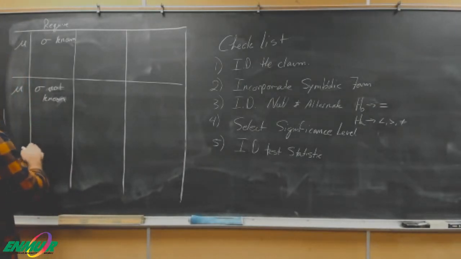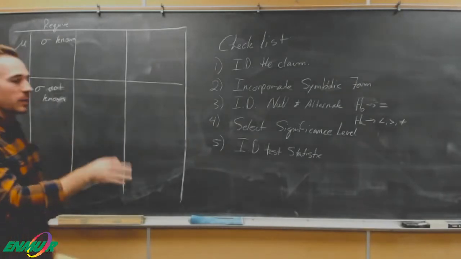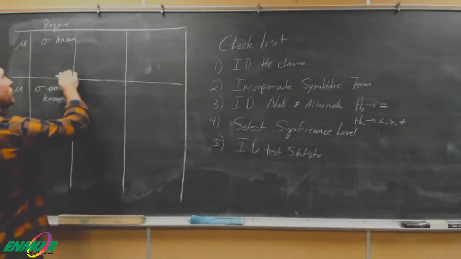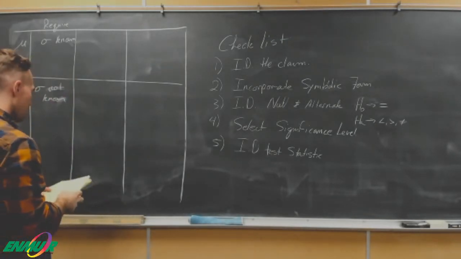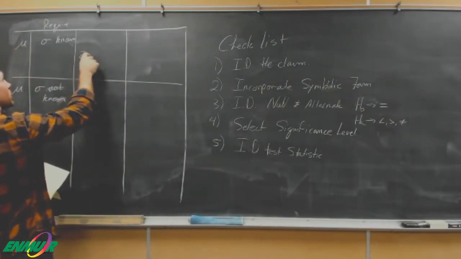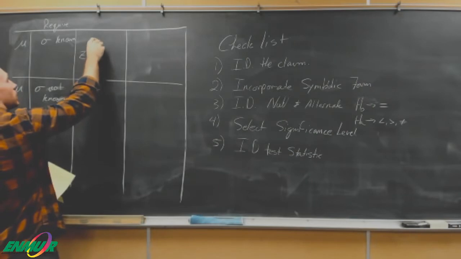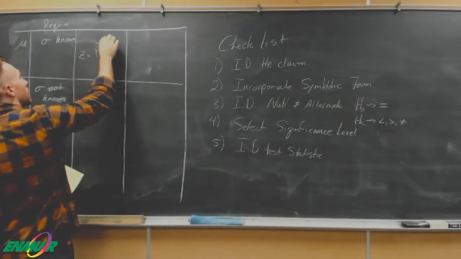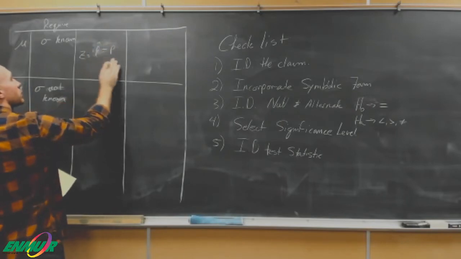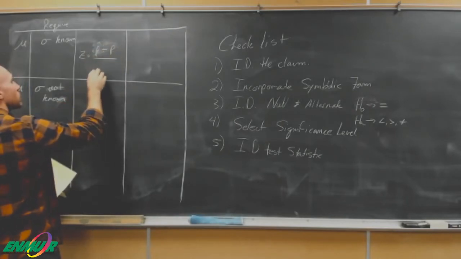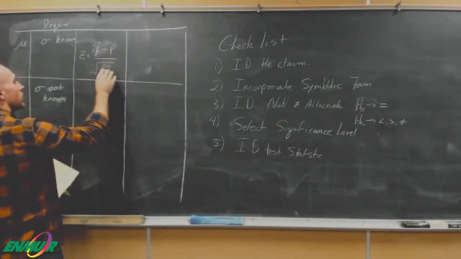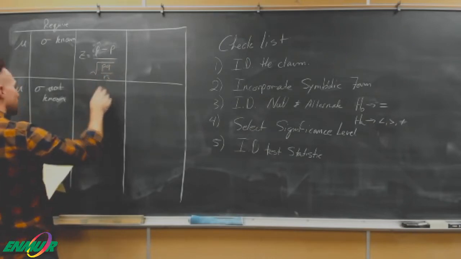Okay. So in order for me to do a hypothesis test on a population mean, if my delta is known, then the formula that I'm going to use is z is equal to my sample proportion minus my population proportion, divided by the square root of my population proportion times q, divided by n.